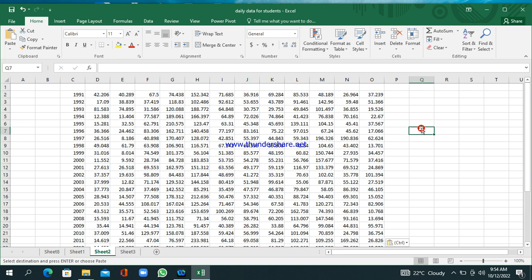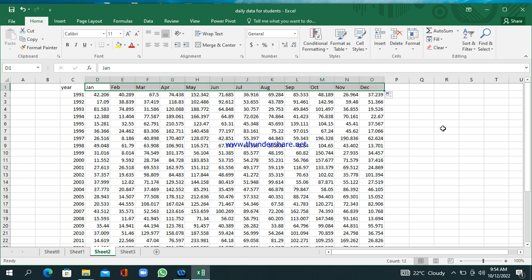This is a month. So it is simple. This is year, and this is January. Yeah, this is a month. How to change from daily to monthly.